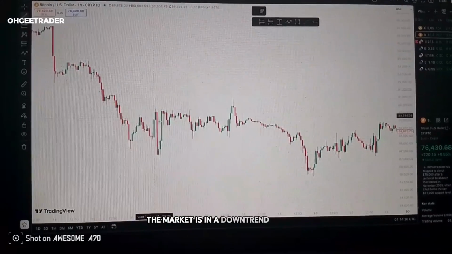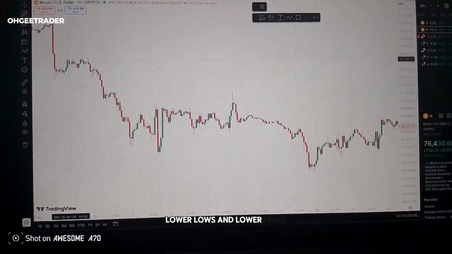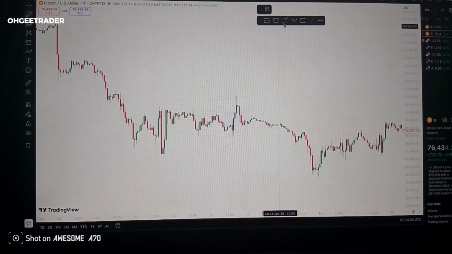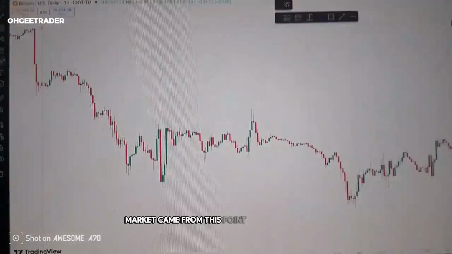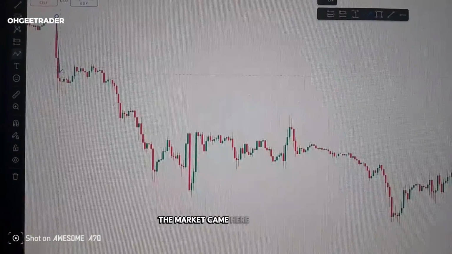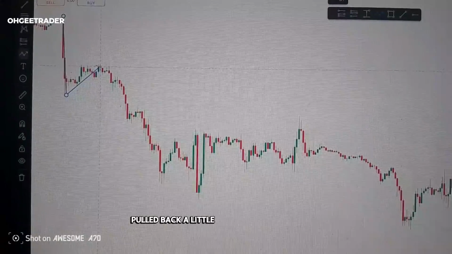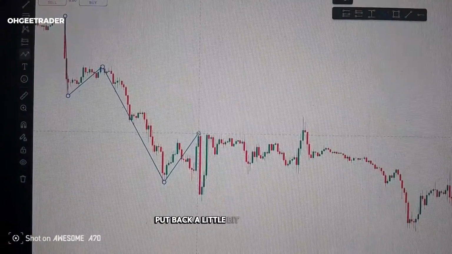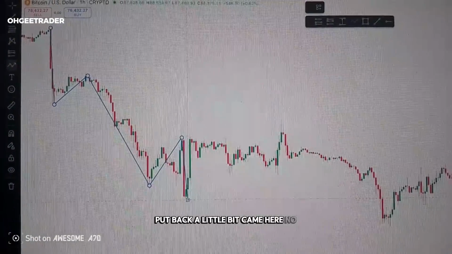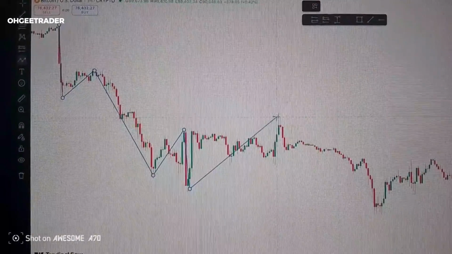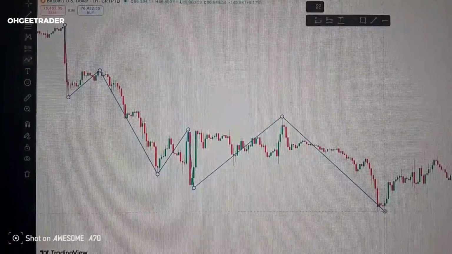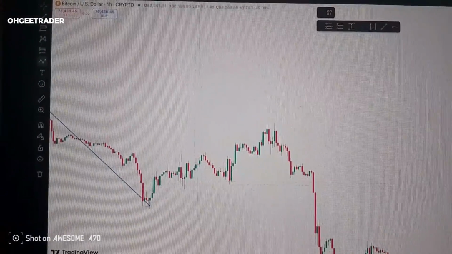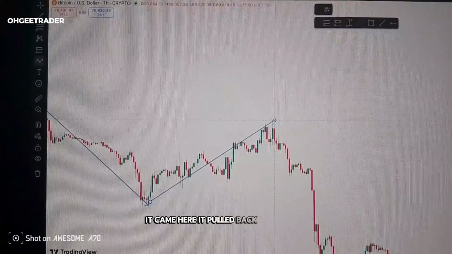The market is in a downtrend, forming lower lows and lower highs. So if we were to begin here, the market came from this point. From this point on, the market came here, pulled back a little bit, came back down here, pulled back a little bit, came here, pulled back here, came here, it pulled back, came down.